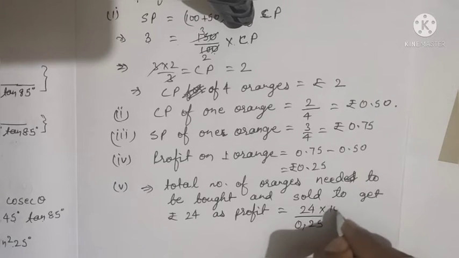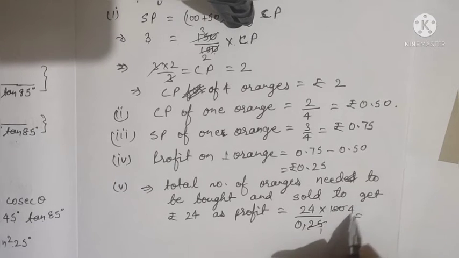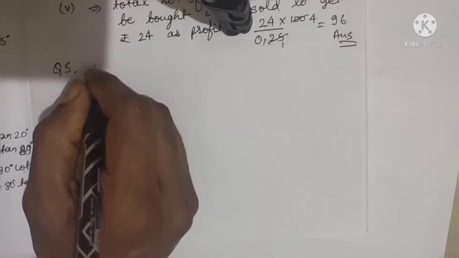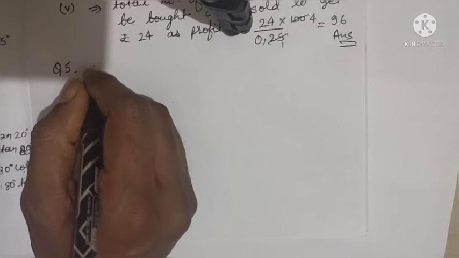Now remove the decimal from here: 25 1 ja, 24 5 4 ja, 100. 24 into 4 becomes 96. It is your answer.